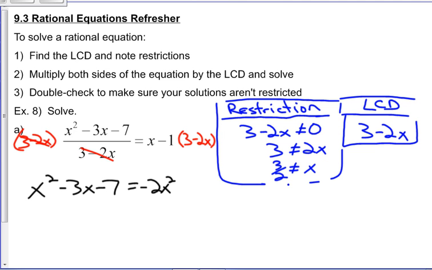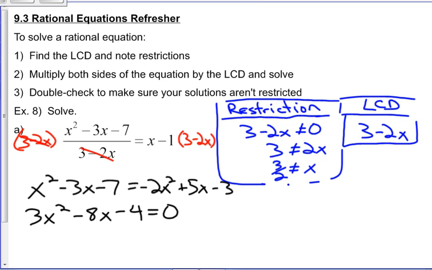I have a minus 3 at the end. And I'll have a positive 2x and a positive 3x. So positive 5x. Okay, rearrange. That gives us 3x squared. Because it's a quadratic, we want to make one side 0. And minus 4.